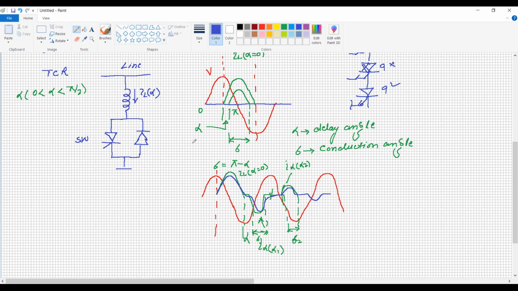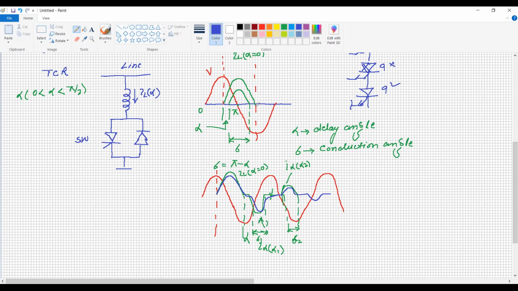So only by delaying the firing angle, the conduction angle goes on decreasing, or vice versa, but the range is only from pi to pi minus this one, meaning from 90 degrees up to 180 degrees it is possible to vary the current in the thyristor.